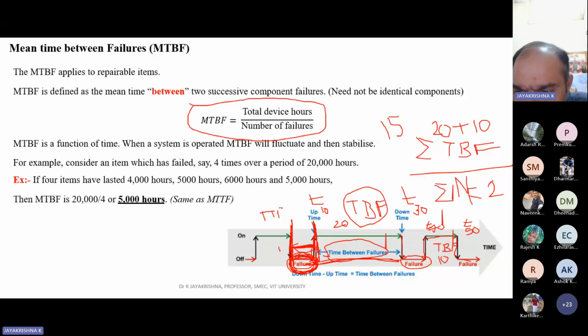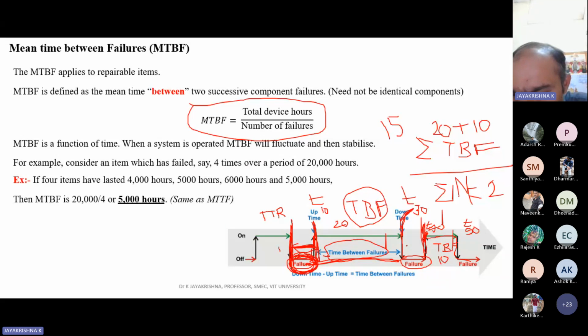Say for example, in this case, what is the T value at this point? 10, sir. 10. Here the T value is 30, sir. 30. Here T equal to 40, sir. 40.